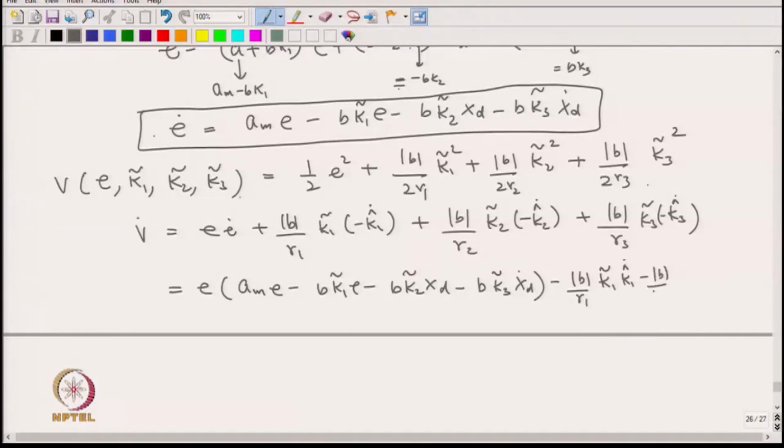Minus b over gamma 2 k2 tilde k2 hat dot minus b over gamma 3 k3 tilde k3 hat dot.